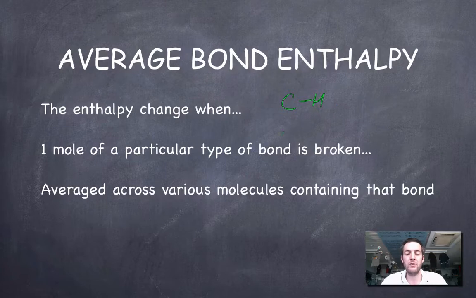To take into account this fact, we've averaged the amount of energy required to break this kind of bond across a huge number of different molecules that contain that bond. So that forms quite an important part of our definition. The average bond enthalpy is the enthalpy change not only when 1 mole of a particular type of bond is broken, but this is averaged across various molecules containing that bond.